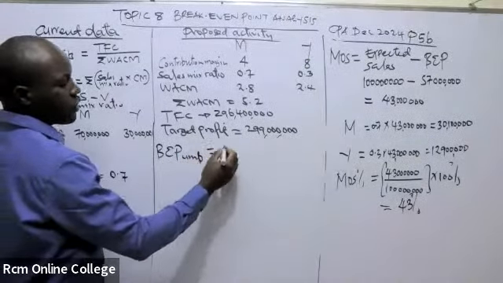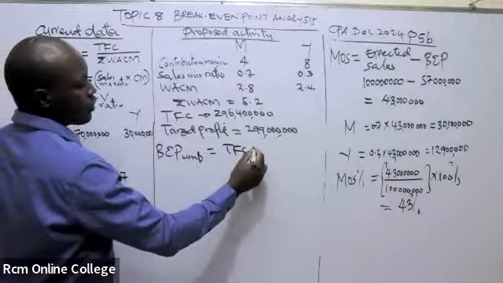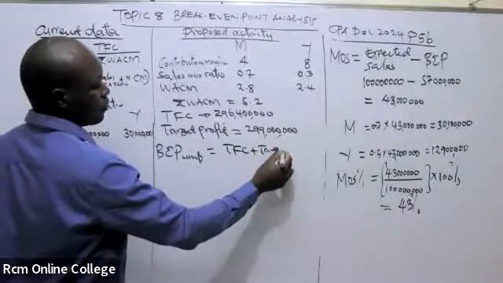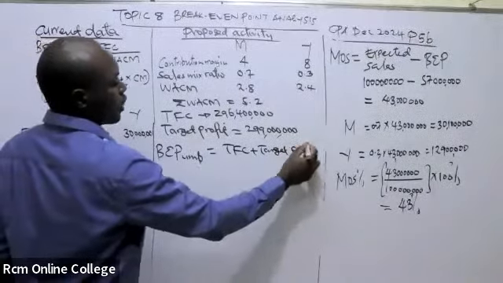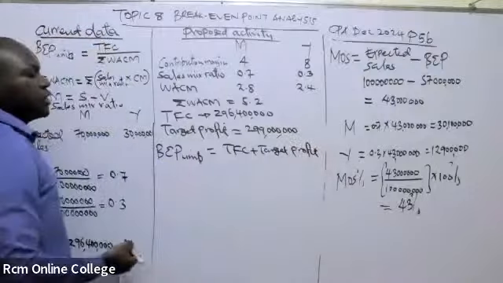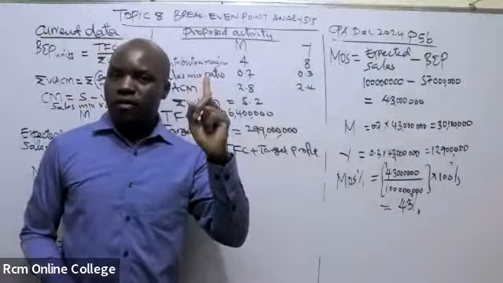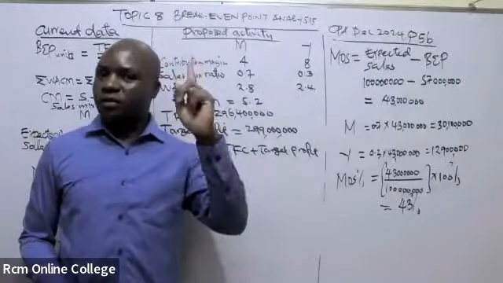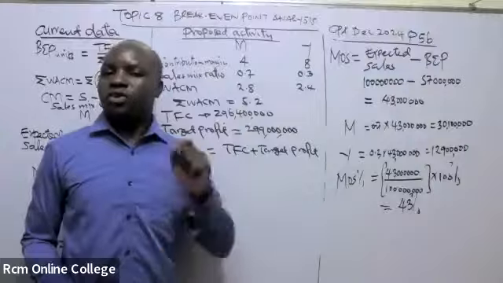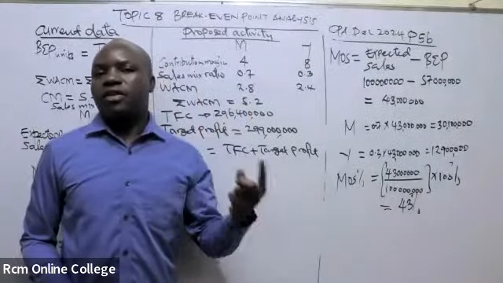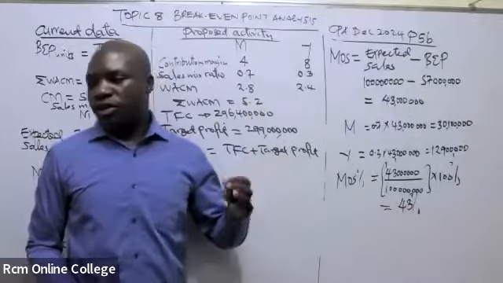It is very simple. It is total fixed cost plus target profit. And it is very direct, because the target profit we are having here is target profit before tax. If it was target profit after tax, then of course you must have the tax rate.